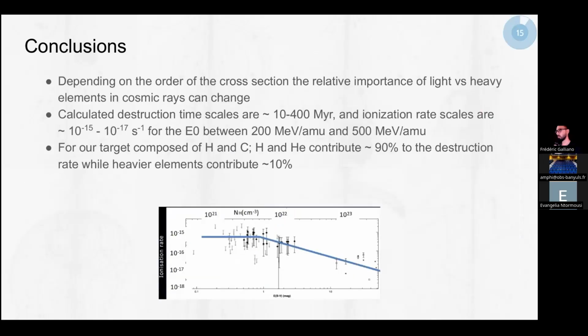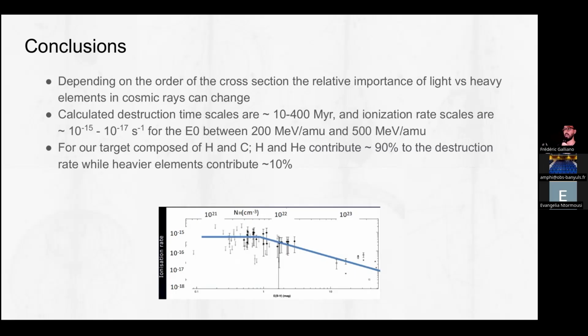So some of the conclusions that we derived based on this experiment is that depending on the cross-section that you saw, which was alpha, sigma to beta, depending on that beta, this cross-section can change, and this whole idea of the chemical evolution inside the molecular cloud can also change, which means that some of the things that we discussed and observed might not stand if you have a different correlation between the cross-section and some of the beta factors.